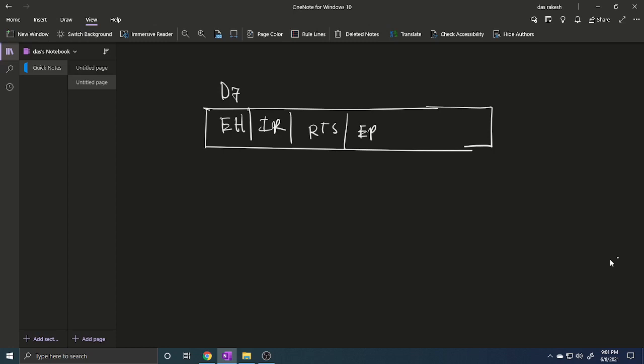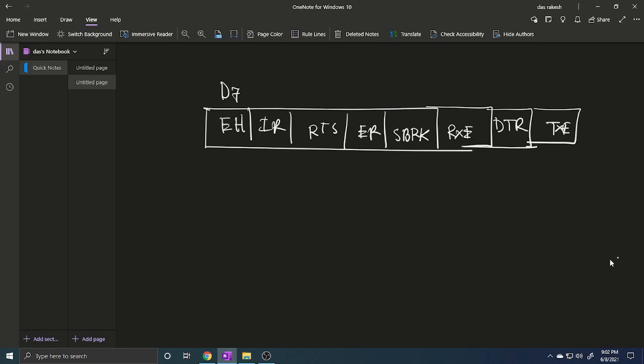Then ER, error reset, then S break, then RXE, then DTR, and this is TXEN. This is very important.